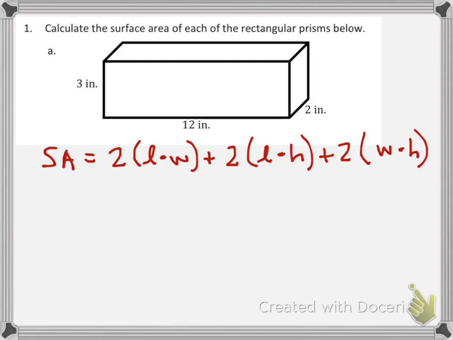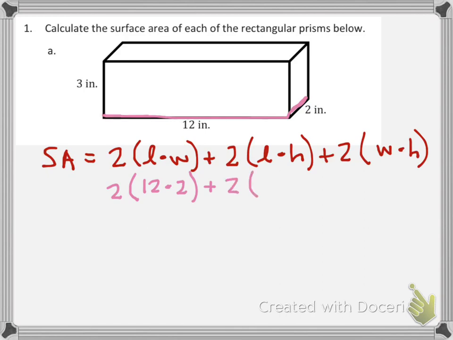So here we go. 2 times the length times the width. Well, if this is the length and this is the width, then we're doing the top and the bottom. So it's 2 times the length, which is 12, times the width, which is 2. Plus, now we're doing 2 times the length and the height.